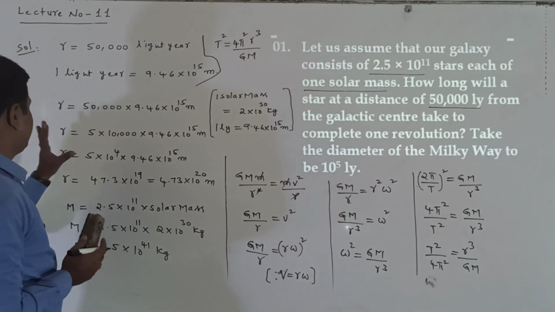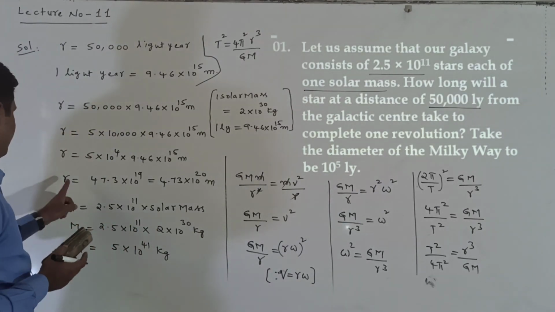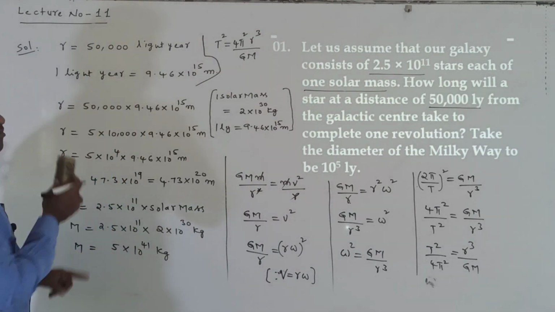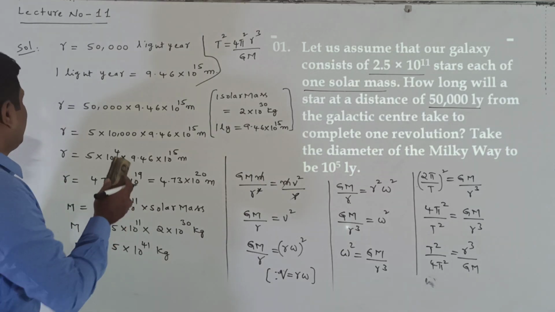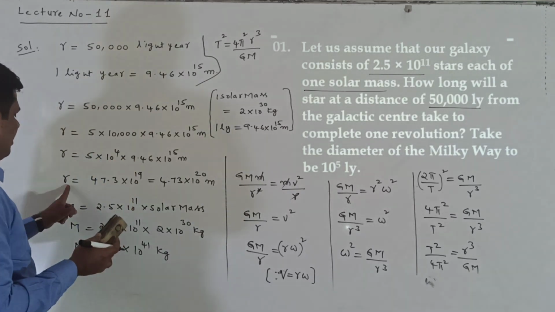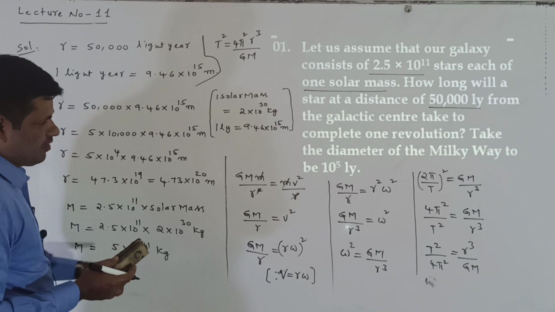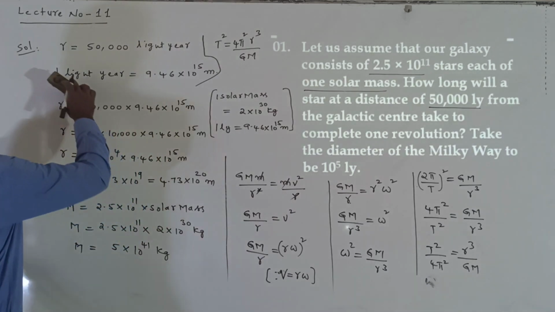First of all, I am writing all the values in a simple way. First I am writing the r value and the m value directly.